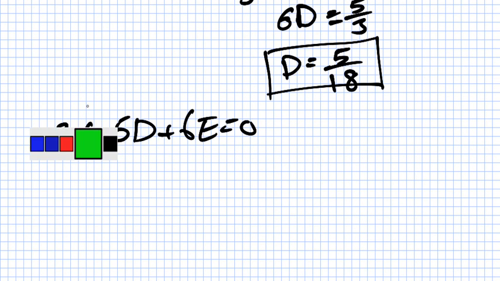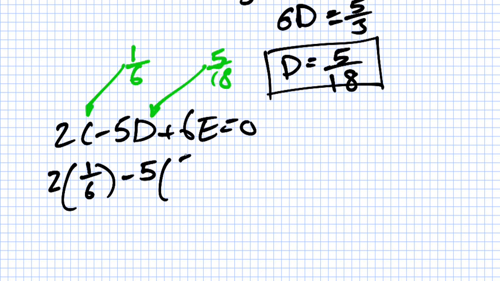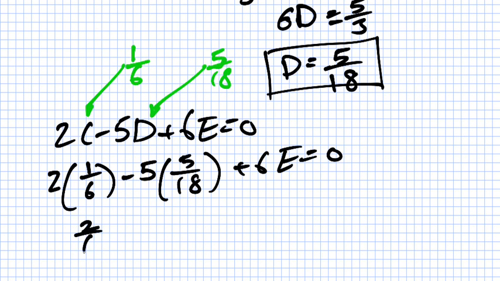So if I put in 1 over 6 and 5 over 18 here, I get 2 times 1 over 6 minus 5 times 5 over 18 plus 6e equals 0. So that will be 2 over 6 minus 25 over 18 plus 6e equals 0.